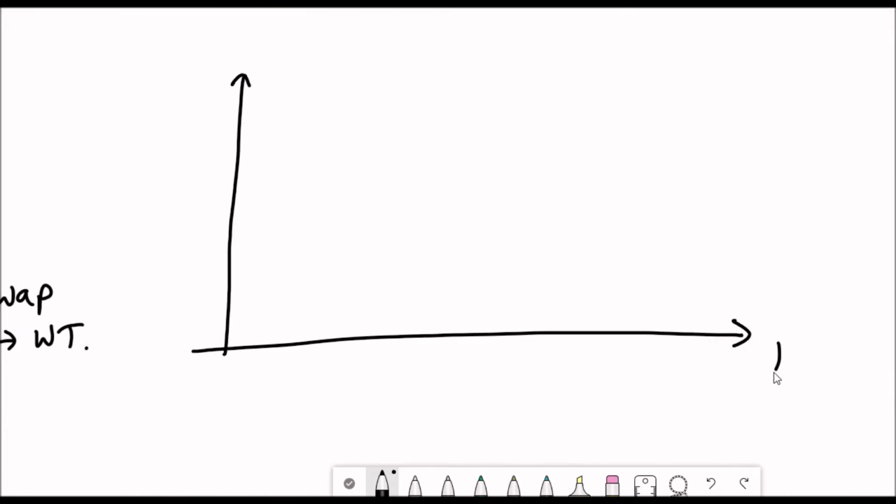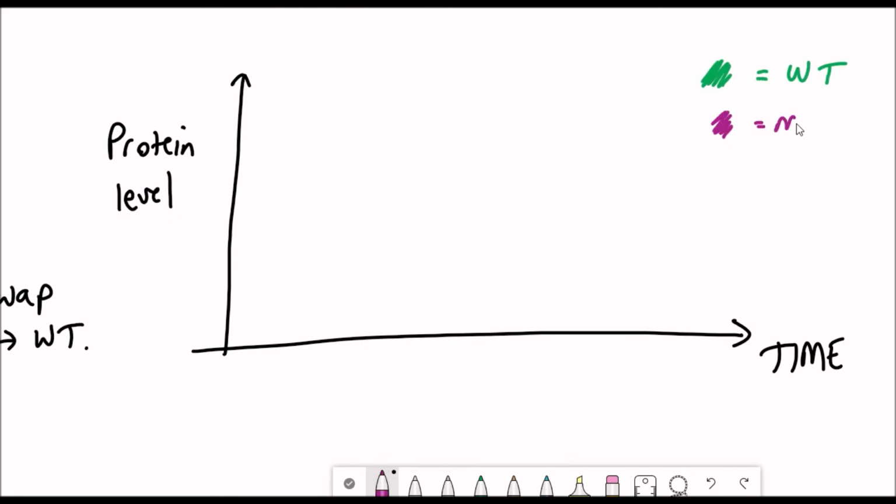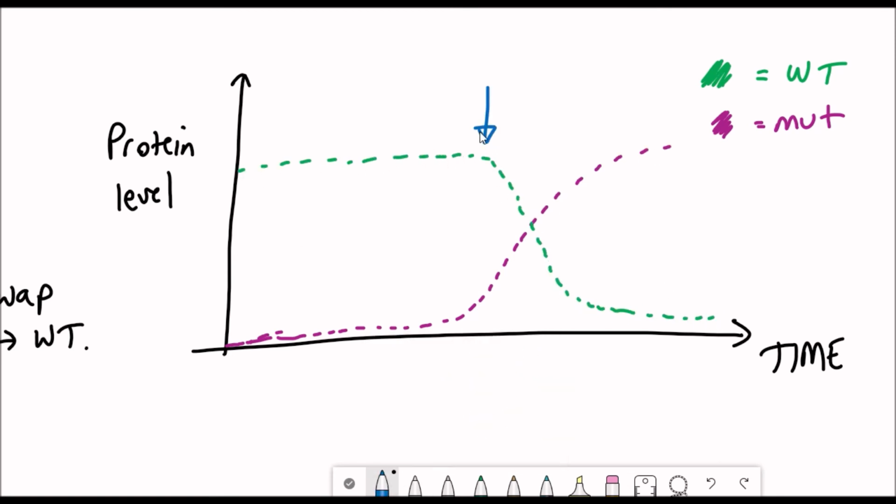So the likelihood is it probably isn't that simple, but in an idealized situation, if we plot a graph of how the protein levels would change, we would see that on the addition of SHIELD1, the wild-type levels go down and the mutant levels go up.